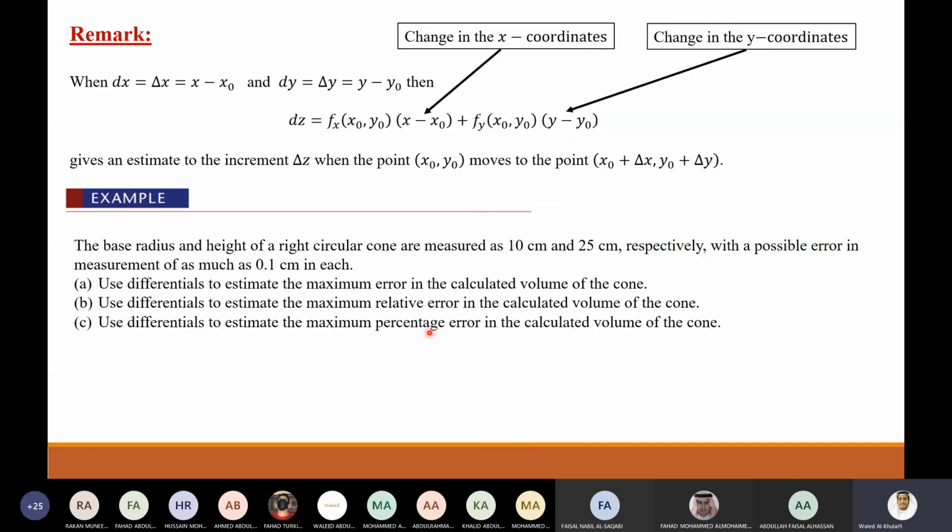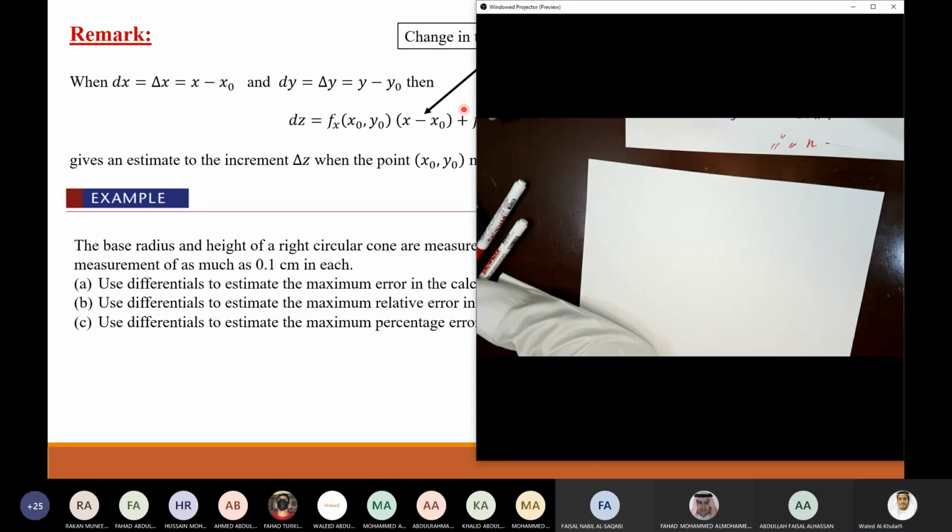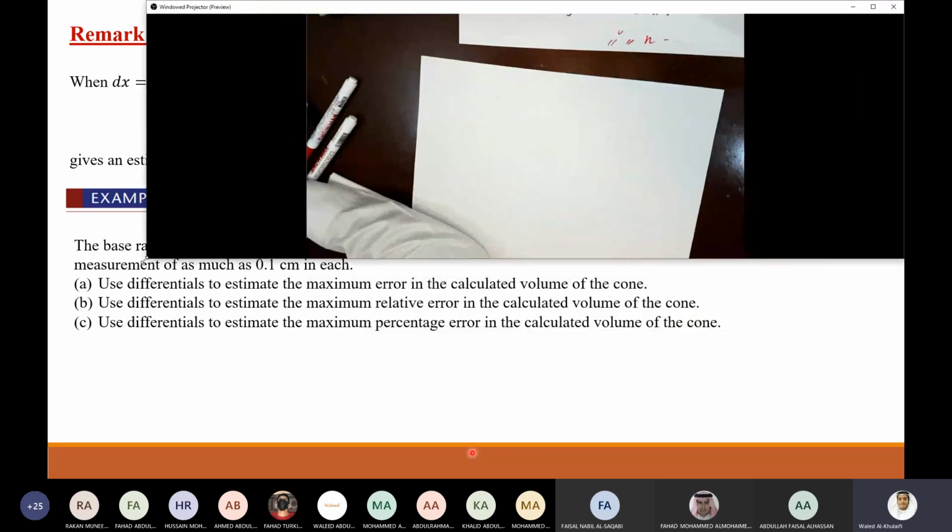Now what is the relative error? Do you remember how we calculated the relative error? I know you took it a year ago, so let me just put it this way here.